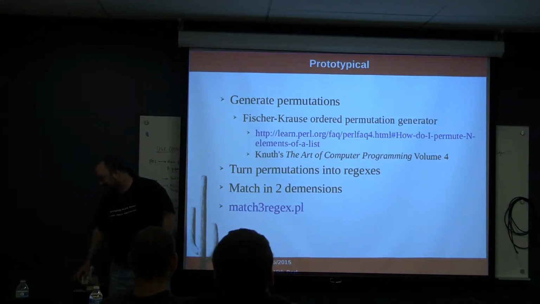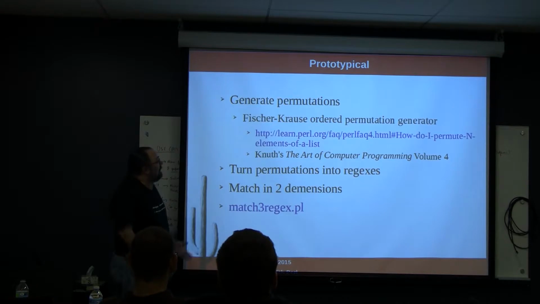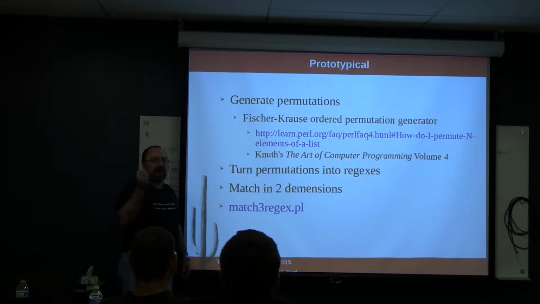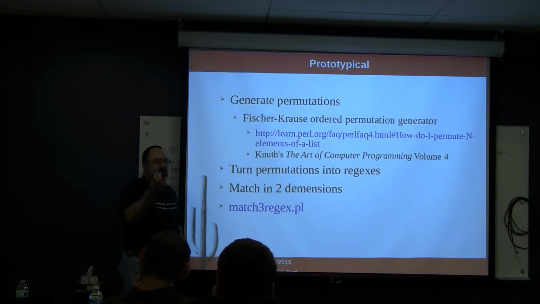So then I thought, okay, I know that I want to match 3 different things, but it's not that simple. I have to have every permutation that those things could be. So if you've got, like I said earlier, fire, air, earth, it could be earth, air, fire, or it could be fire, earth, air, or yada, yada, yada.